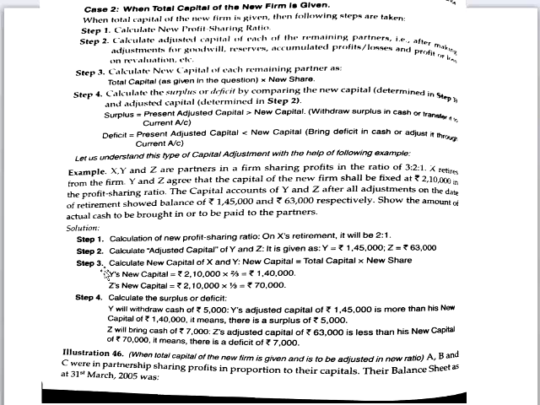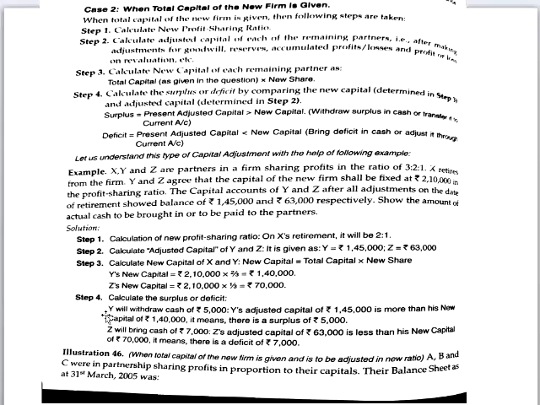In the third step, you distribute this 2,10,000 in their new ratio, that is 2:1. So 2/3 of 2,10,000, that is 1,40,000, should be the capital of Y, and 1/3 of 2,10,000, that is 70,000, should be the capital of Z.